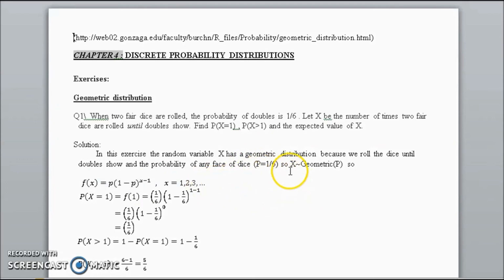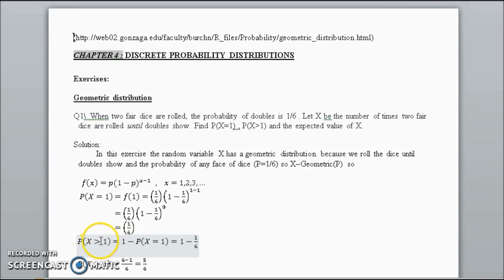Then I substitute: the probability of X equal to 1 equals f(1), which is 1 over 6 times (1 minus 1 over 6) to the power of 1 minus 1, equal to 1 over 6 times (1 minus 1 over 6) to the power of 0, which equals 1 over 6.